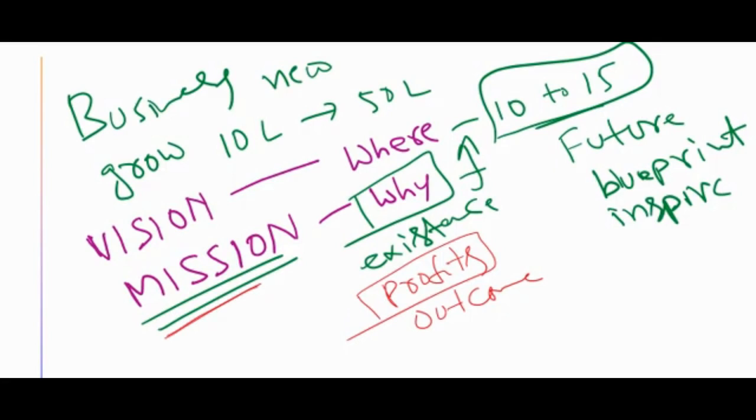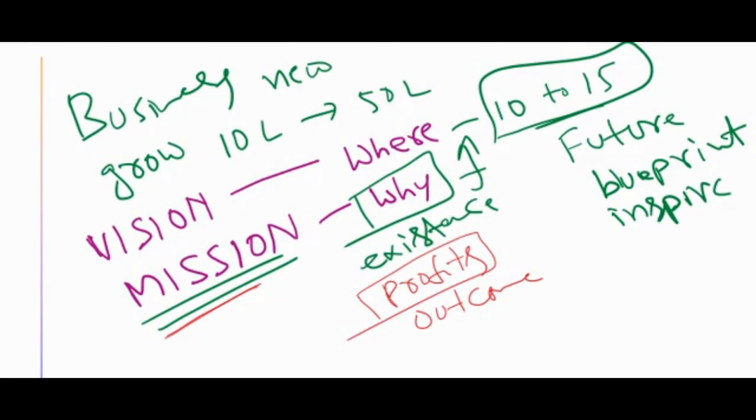So you need to select some problems which customers are facing, and you try to solve those problems. That should become your mission, not profits. Profit automatically comes if you are trying to solve problems of customers. You keep getting the customers, and then you will get a lot of revenue, and then you will generate a lot of profit.